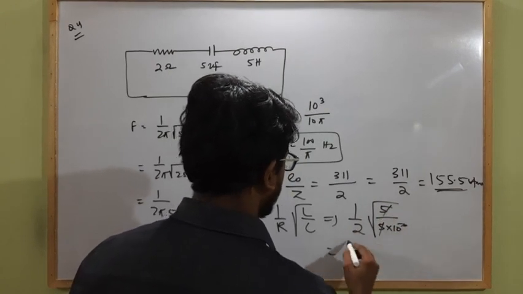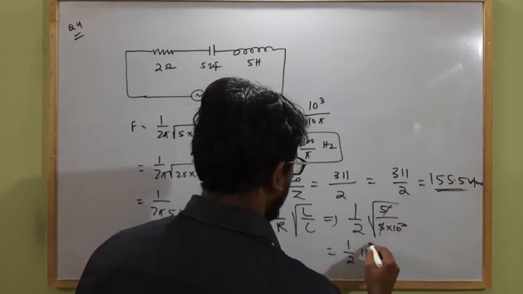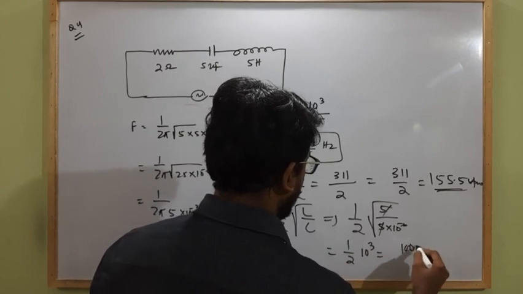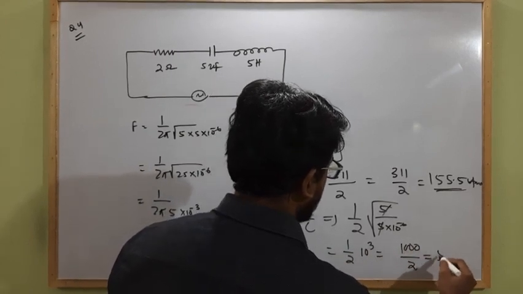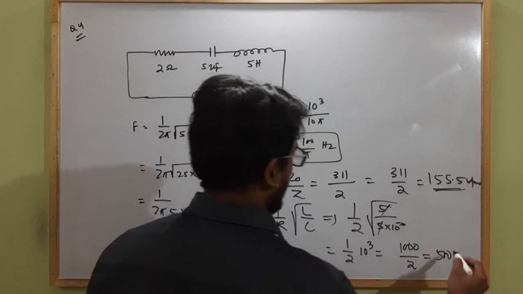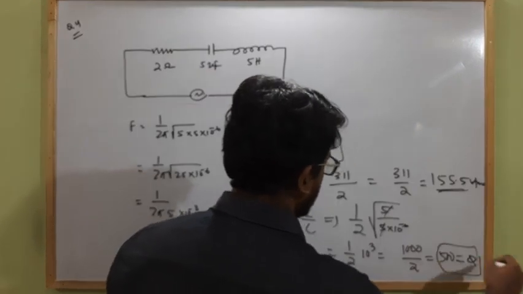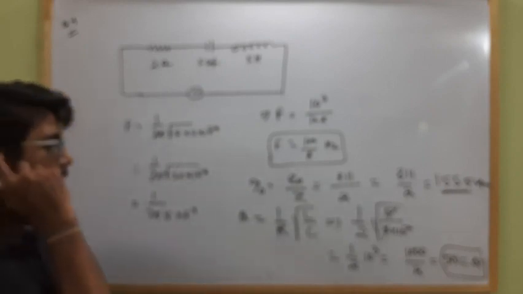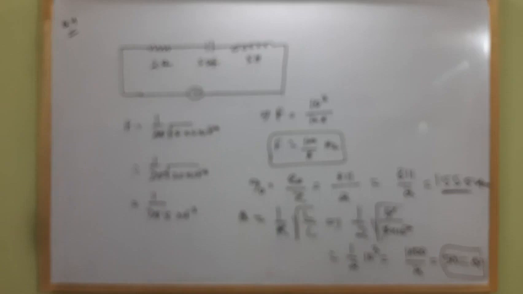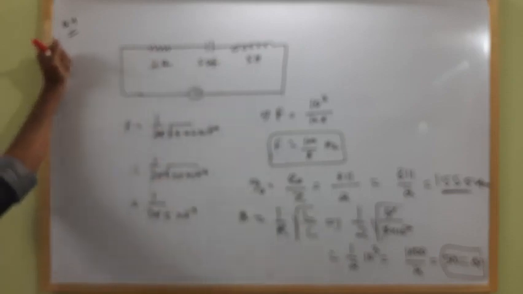So this will be 1 by 2 into 10 to the 3. So 1000 by 2, that is 500, will be the quality factor. Clear? 500, what is the unit? Unit will be ohm. So 500 is the quality factor of this LCR circuit. Clear?